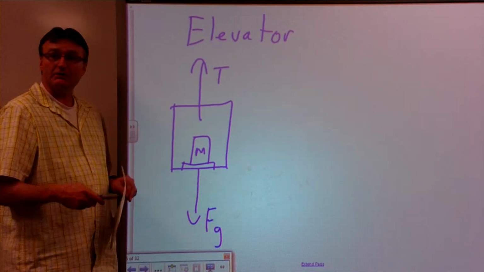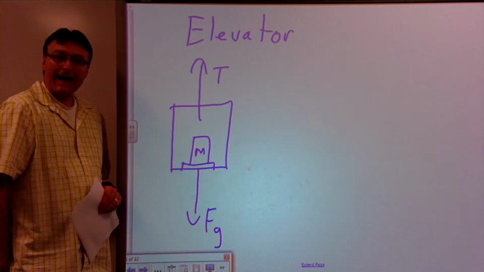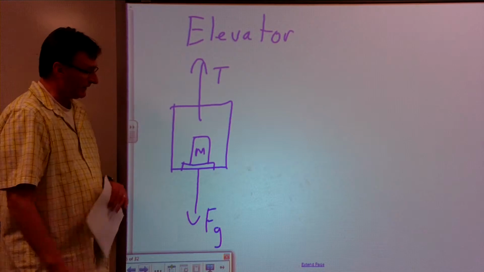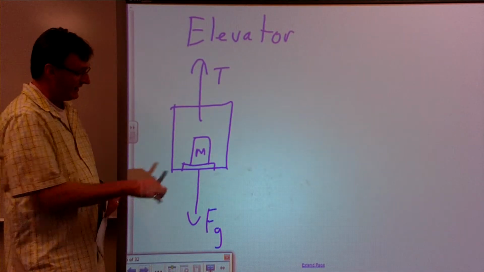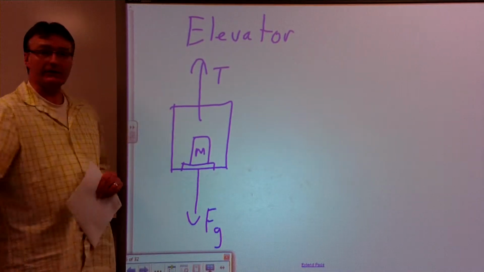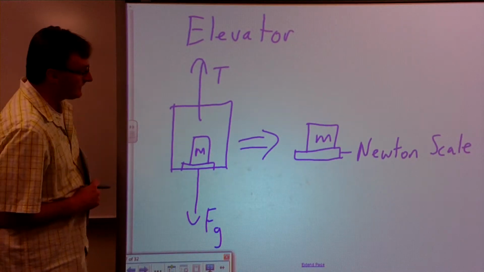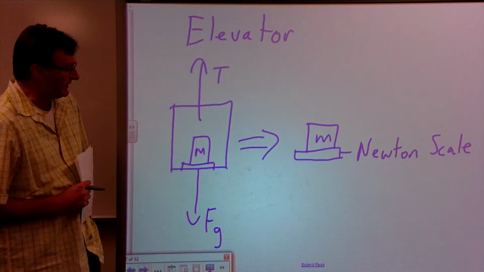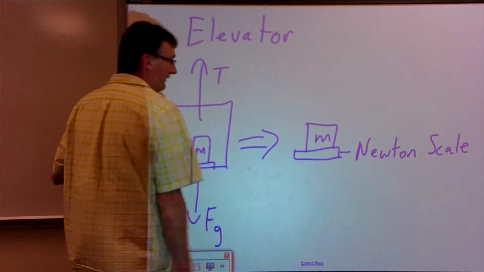What we're looking at with these kinds of problems is a mass that's inside the elevator. It could be a person or some kind of object that has mass, and that's what we're interested in with these elevator problems. So we'll look at these situations from the point of view of a Newton scale.